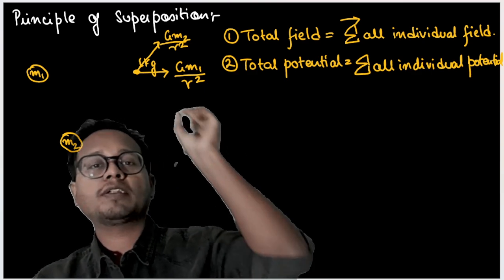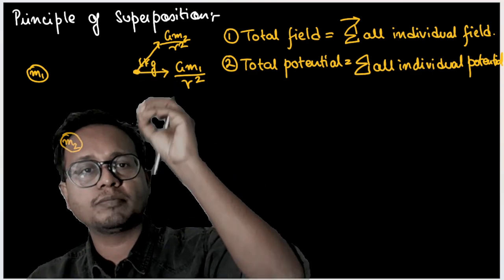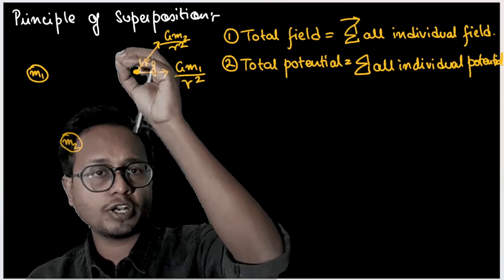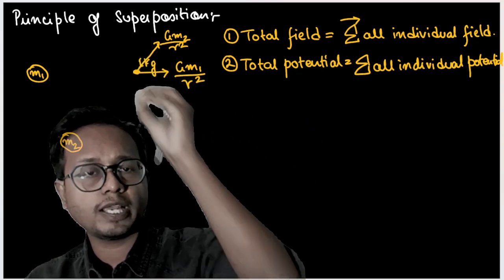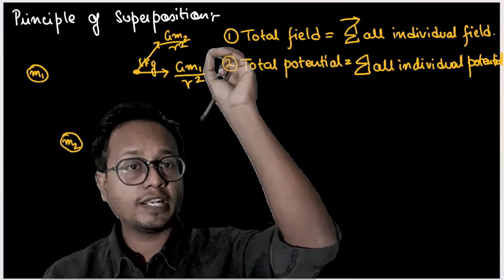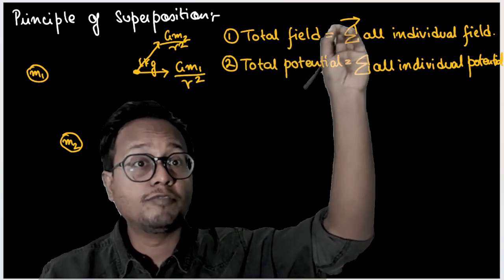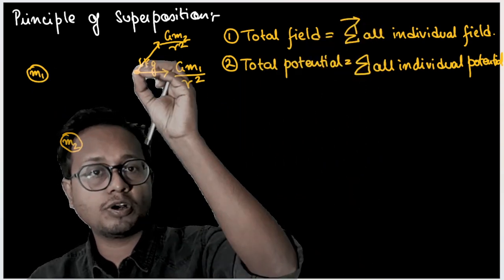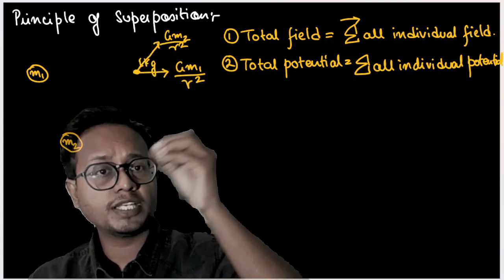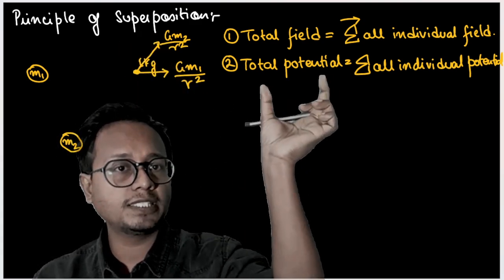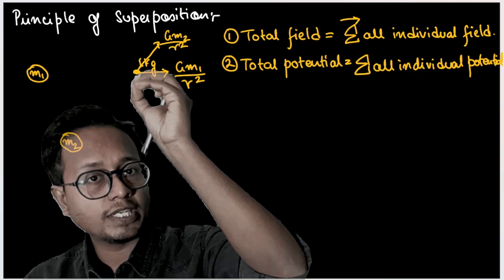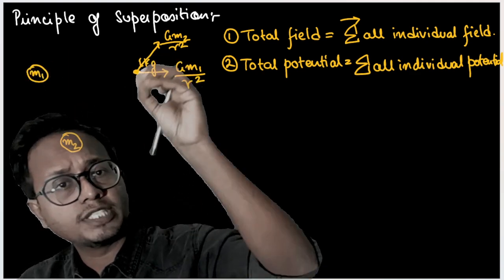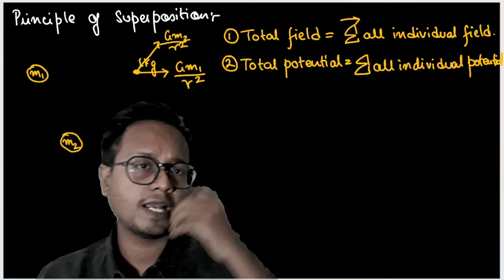That means if I want to find the total potential on this 1 kg block, it is nothing but the potential due to this block plus the potential due to this block plus the potential due to any other block m3 plus the potential due to m4 and so on. If I'm finding the total field, it is the vector summation of the field due to this block plus the field due to this block plus the field due to the third block plus the field due to the fourth block. And if the total potential is asked, it is nothing but the potential due to this m1 block plus the potential due to this m2 block plus the potential due to the m3 block and so on.